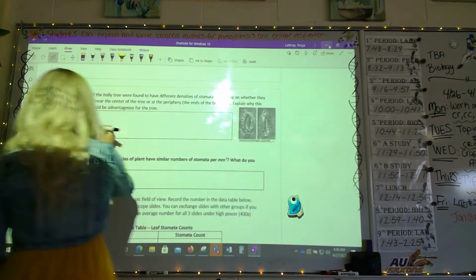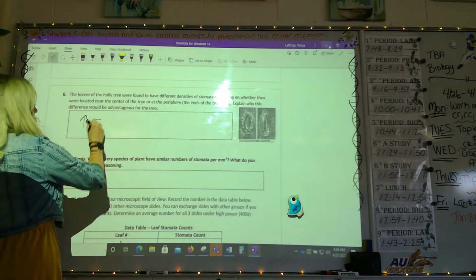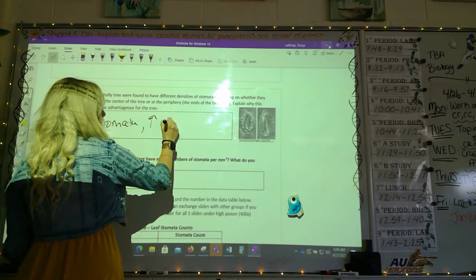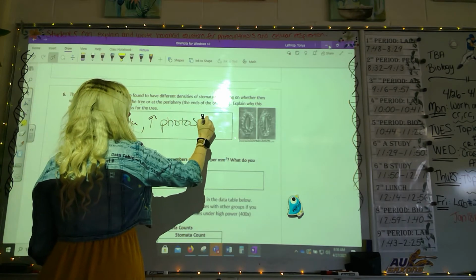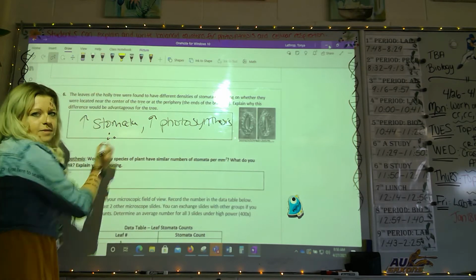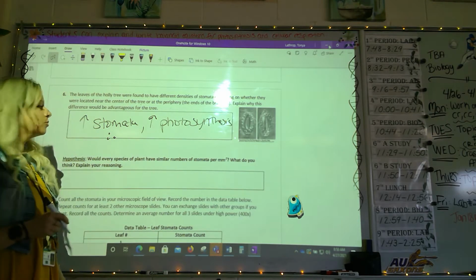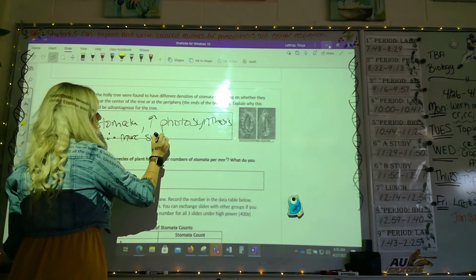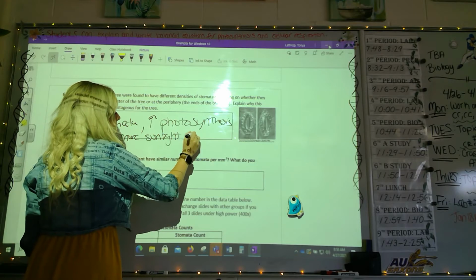So obviously, having increased stomata would increase photosynthesis. Therefore, that's what those 3 little dots mean, more sunlight needed.